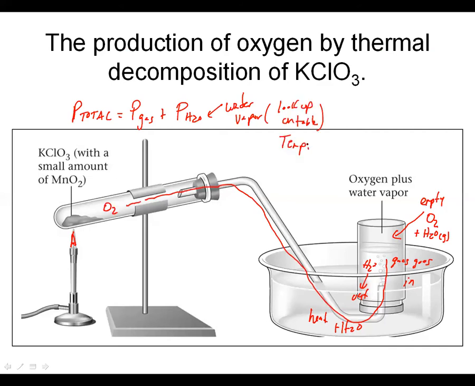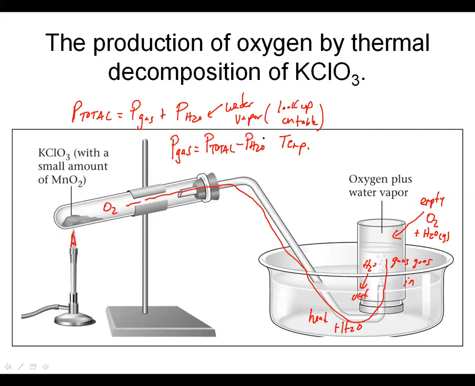So you could look up on a table for the vapor pressure of water at a particular temperature. And usually what you can do is, because you're interested in the pressure of the gas, you can rearrange that and it becomes almost like a subtraction problem. The pressure of the gas is the total pressure minus the pressure of the water vapor.